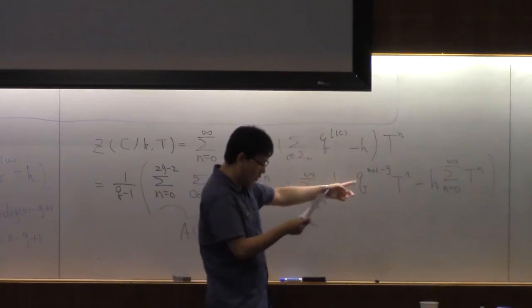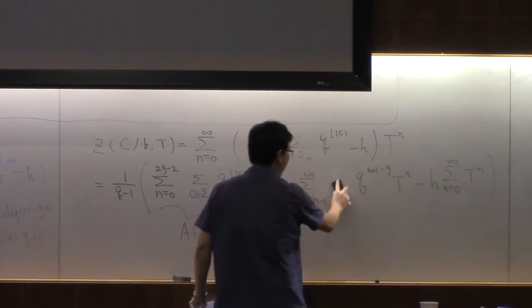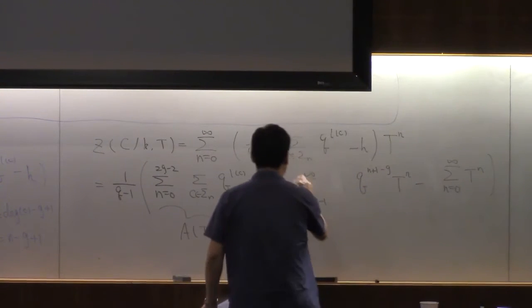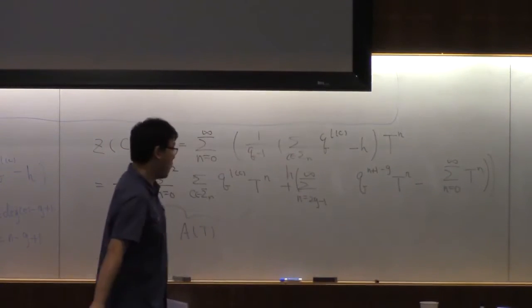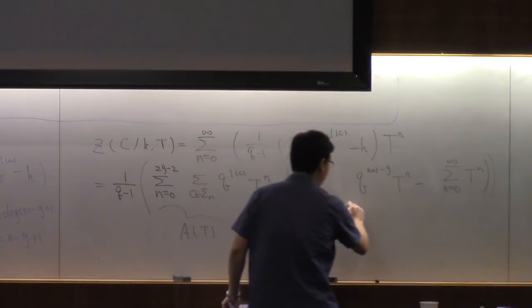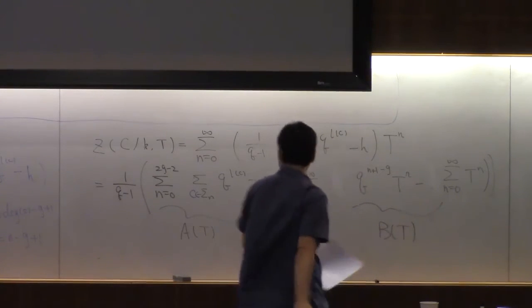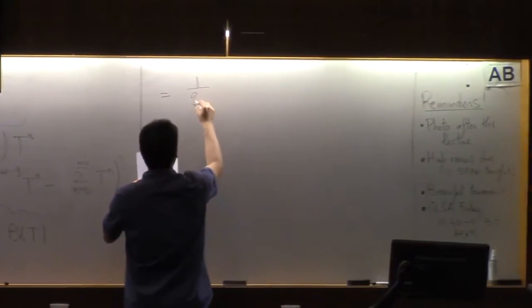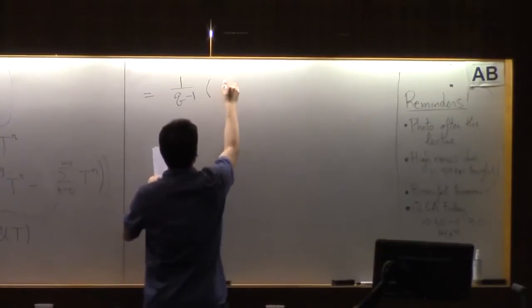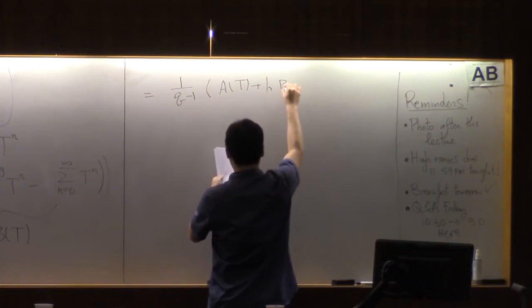Here we have a common factor h, so I take h times the difference of these two formal power series, and I denote this difference by B(t). So the zeta function now becomes 1 over q minus 1 times A(t) plus h times B(t).